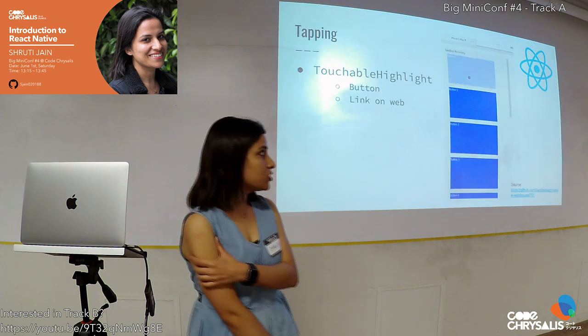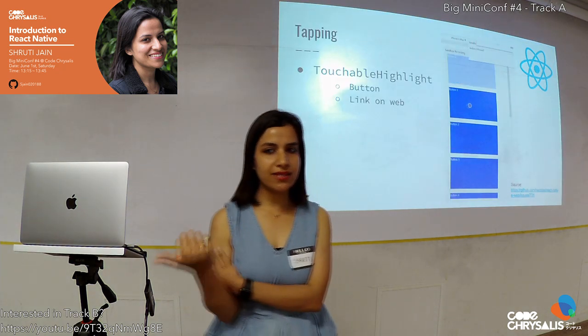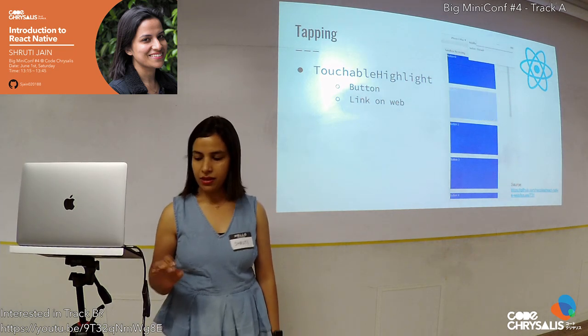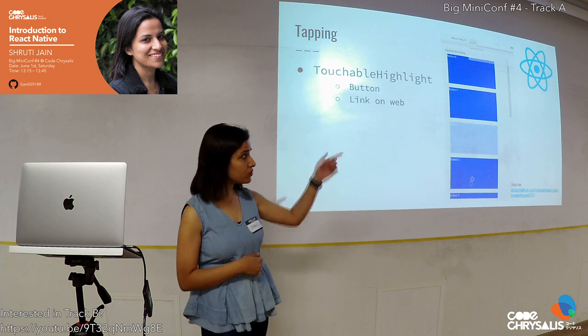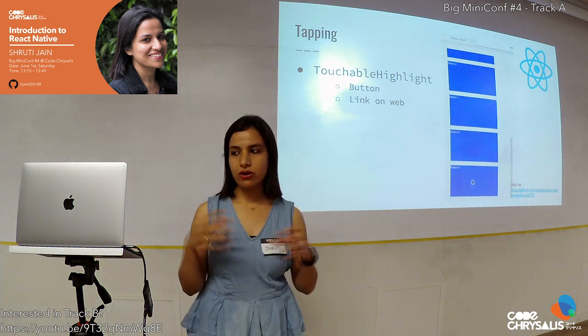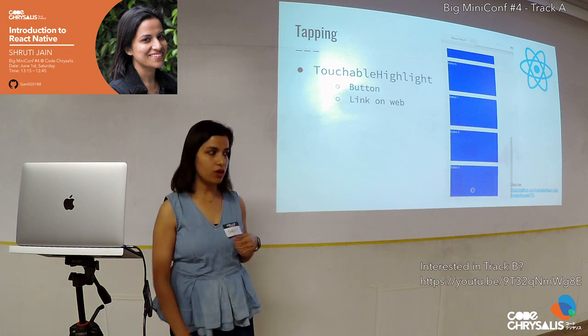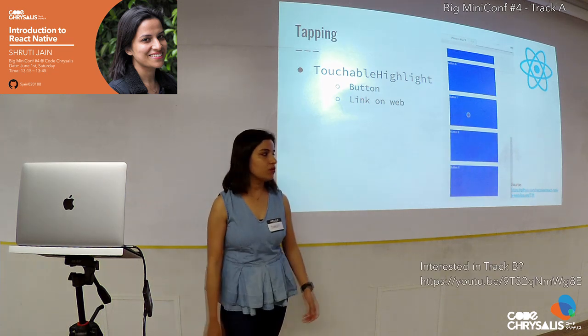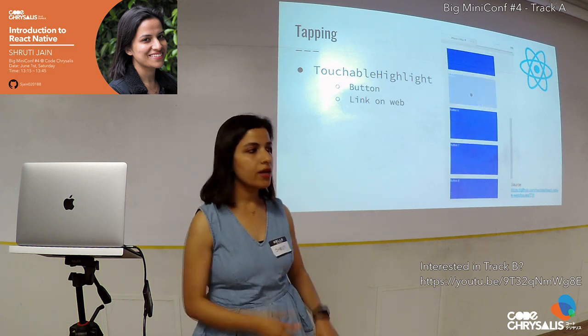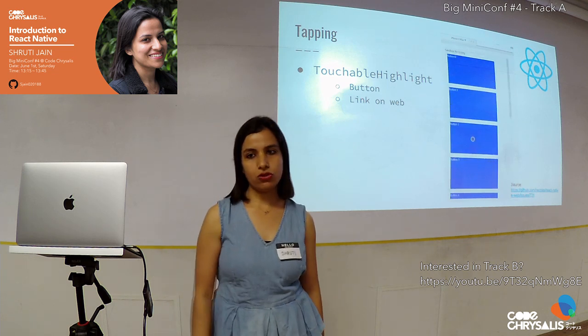The first touch is the very basic touch, which is tapping on any button or any link. As you can see in the GIF here, you are just tapping on a button. For making a button or a link, you can use a component called Touchable Highlight. If you have a touchable highlight component, the user should be able to tap on that component.